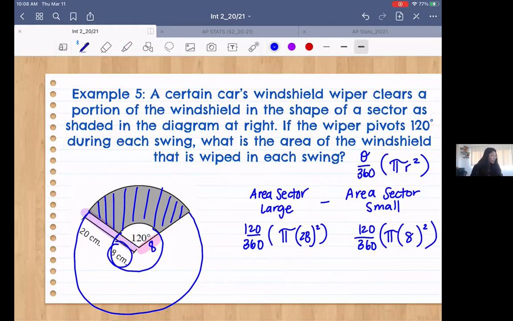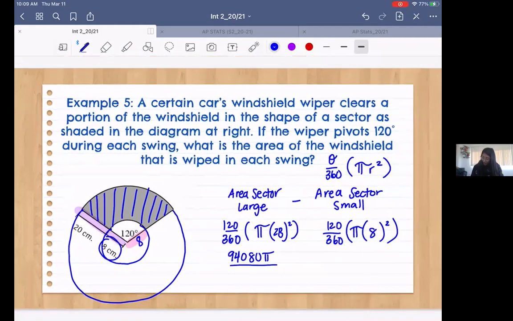So if I were to multiply everything out, the method I have used before is I multiplied 28 squared, and then I multiplied that by 120. So I get a total of 94,080 pi. I'm going to divide the whole thing by 360. And then I'm going to subtract that by doing 8 squared, which is 64. So 64 times 120 is 7,680 pi over 360.